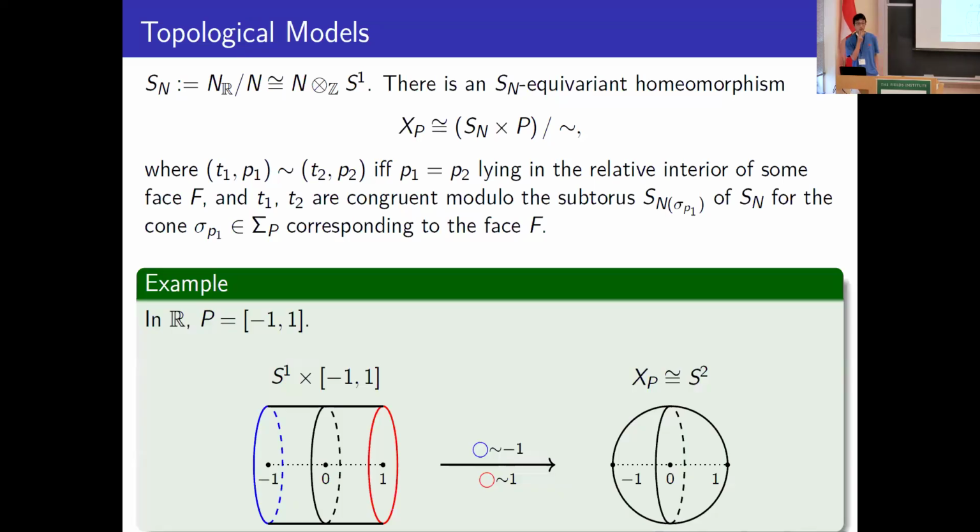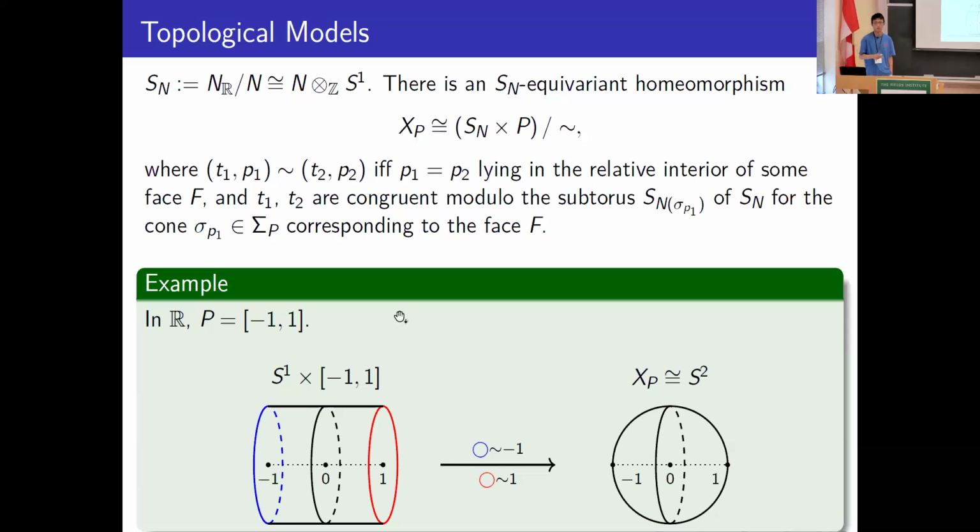Here is an example. So consider the polytope, the interval -1 to 1 in R1. First, we construct the product space, which is S1 cross the interval. And here, I embed the interval inside the cylinder.